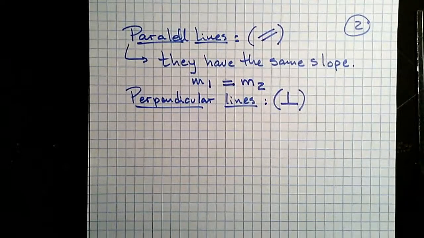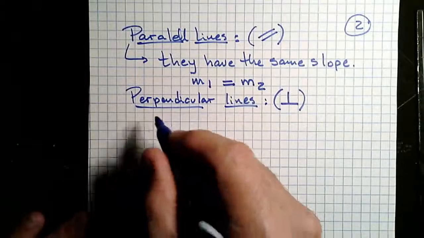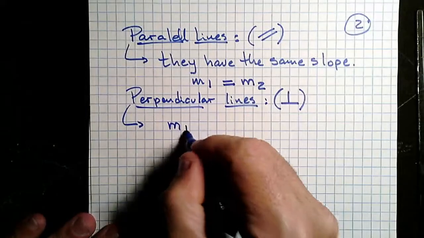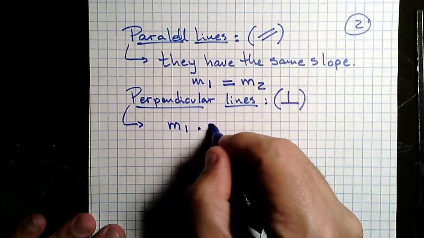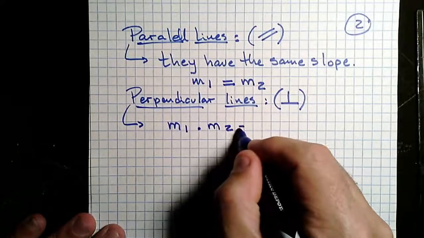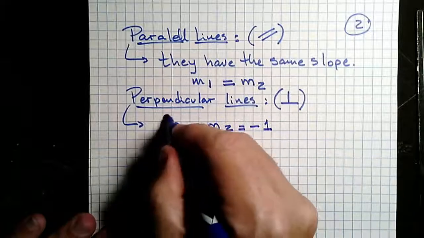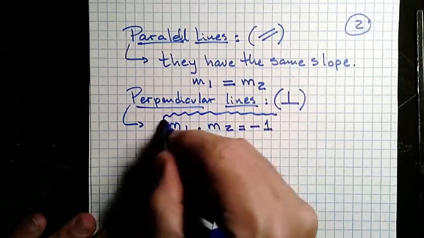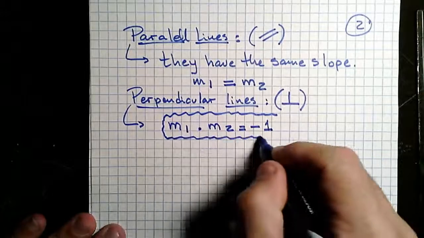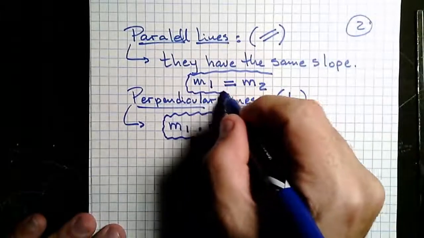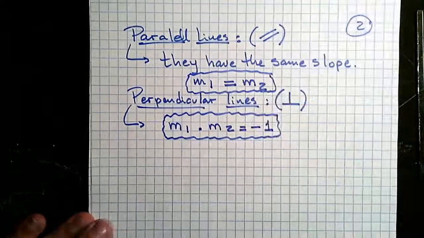Two lines are going to be perpendicular if, and only if, m1 times m2 is going to be equal to -1. So this is the condition to become perpendicular, okay? And this is the condition to become parallel, okay?